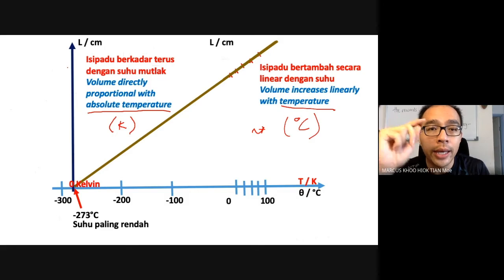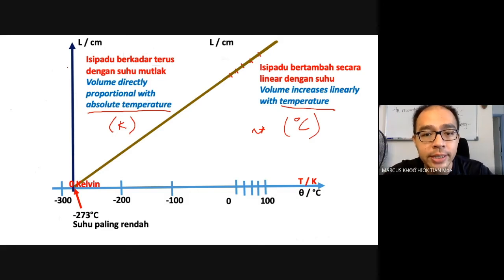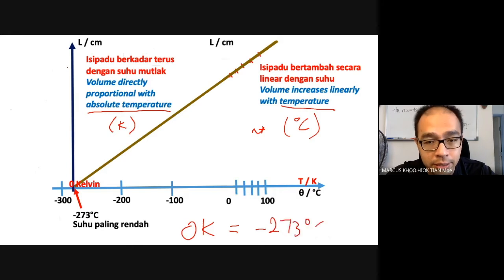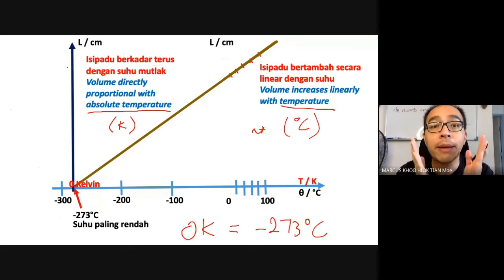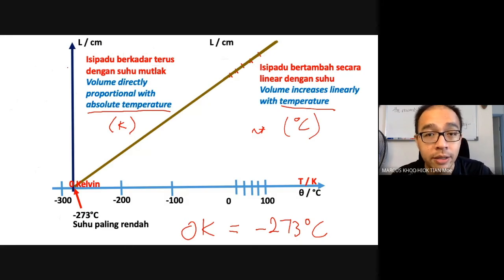What this means for us is that 0 Kelvin equals negative 273 degrees Celsius. It is the same situation, where there is no volume of gas, but the temperature value is different because the unit is different.